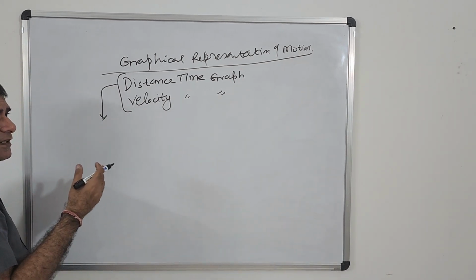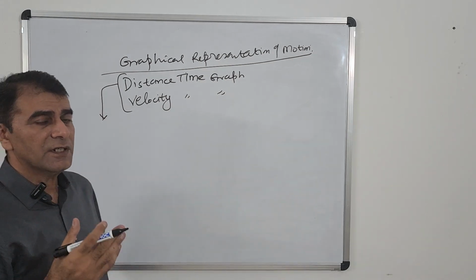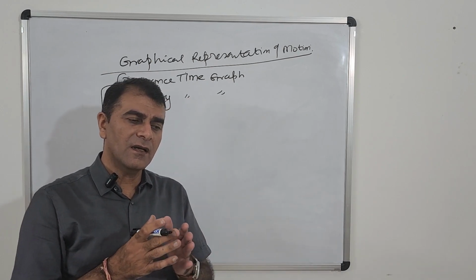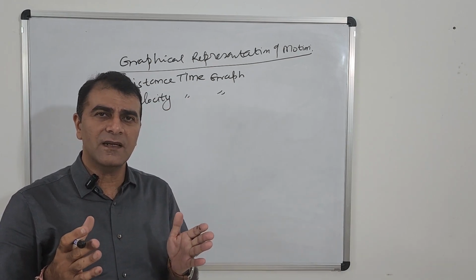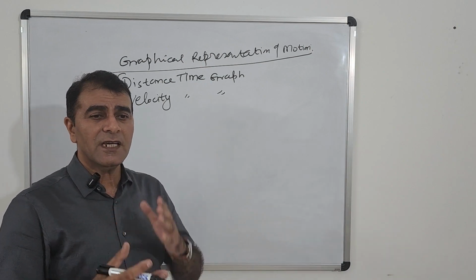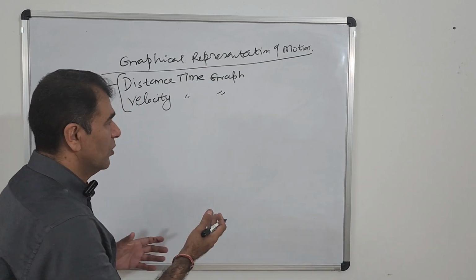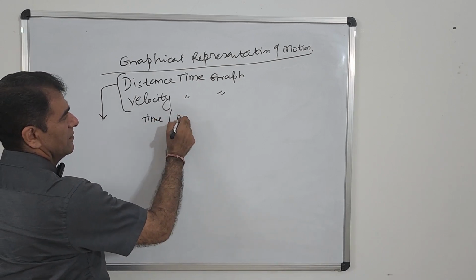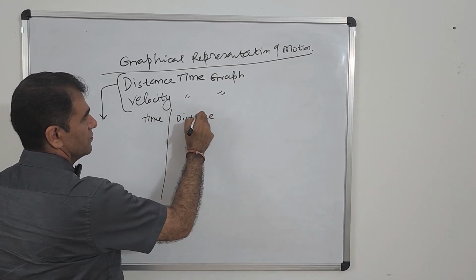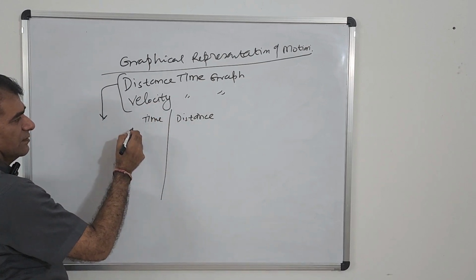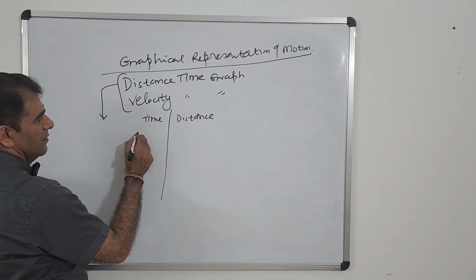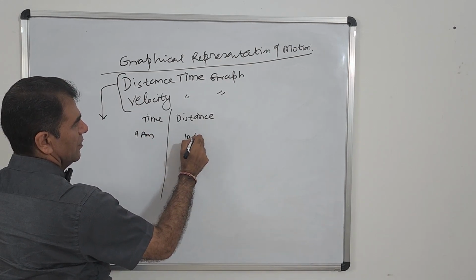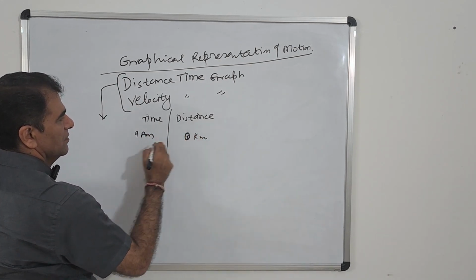Let us say there is data: a person is changing his position with time. Changing of position gives us path length, and path length is nothing but distance. So let us say there is time and there is distance. At 9 a.m. the distance covered was 0 kilometers.